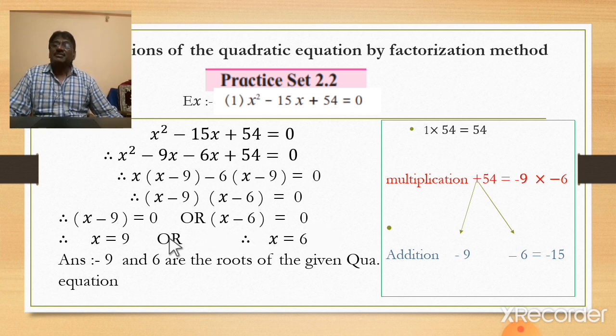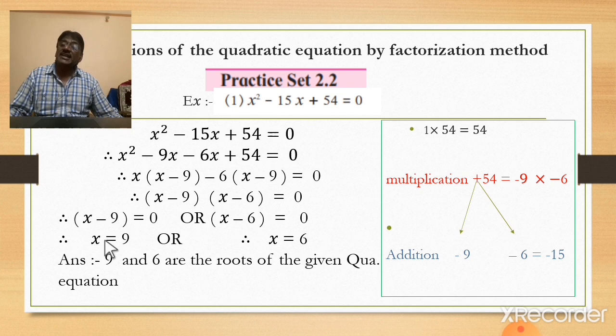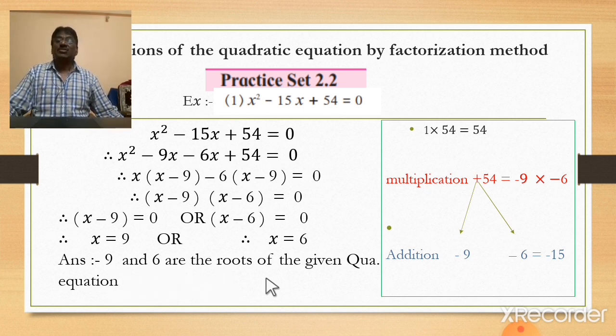By this method, we can say x minus 9 equal to 0 or x minus 6 is equal to 0. If x minus 9 is equal to 0, then we get x equal to 9. Or if x minus 6 is equal to 0, then we get x equal to 6. Therefore, in this way we can say 9 and 6 are the roots of the given quadratic equation.